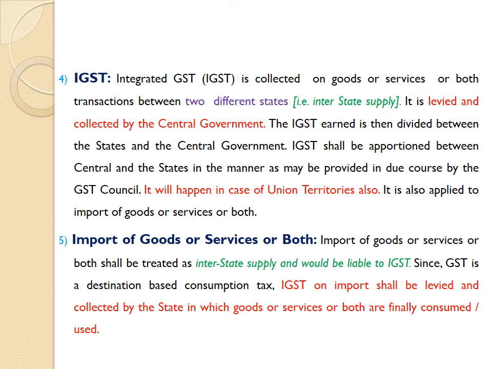Number 5, import of goods or services or both. Import of goods or services or both shall be treated as interstate supply and would be liable to IGST. That is very important.